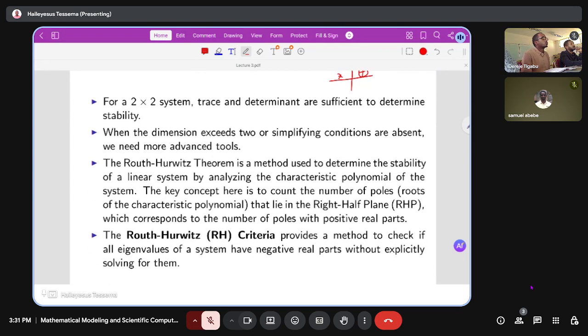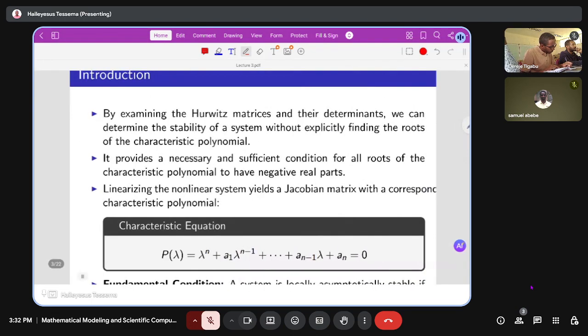So Routh's criteria provides a method to check if all the eigenvalues of the system have negative real parts without explicitly solving the exact solution of the given system of differential equations or model or dynamical system.